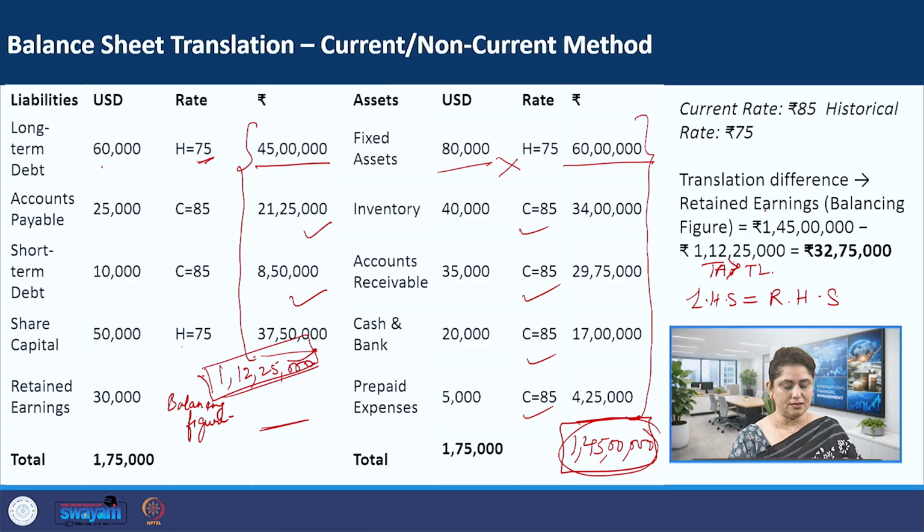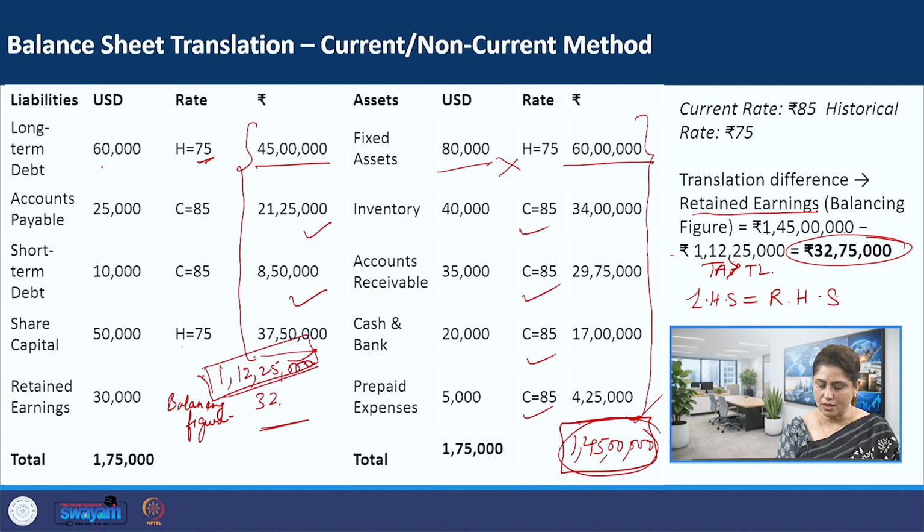We will write 1 crore 45 lakhs, which is the total of assets, minus 1 crore 12 lakh 25,000, which is the total of liabilities, giving us 32 lakhs 75,000. So, we will write here 32 lakhs 75,000 and the total will be 1 crore 45 lakhs.